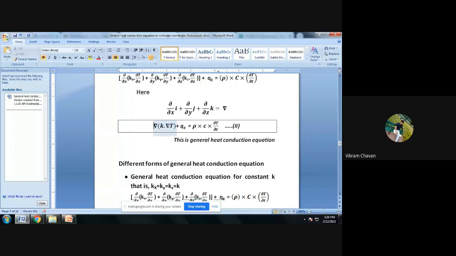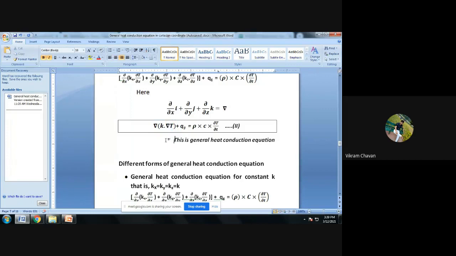The del operator is used for this bracket and also for the temperature. It suggests that the bracket changes with respect to the axis, and also that the temperature is changing with respect to the direction or the axis.